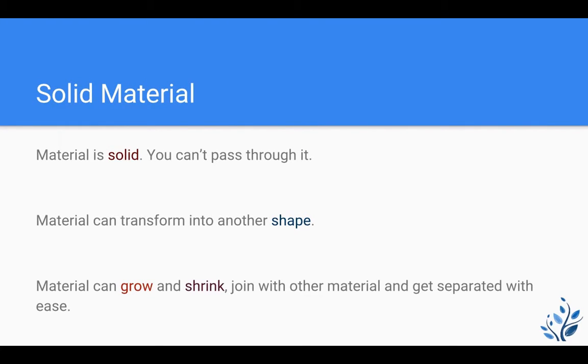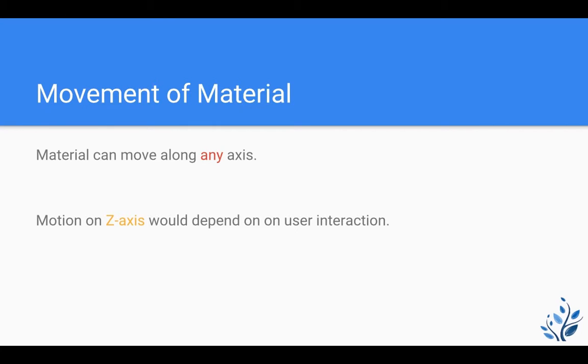Material is solid, so it cannot cross across multiple sizes and shapes of different elements. Material can grow and shrink depending on the requirement. Material can move anywhere. It can move in x axis, it can go in y axis, and it can go in z axis when the user interacts with the material.